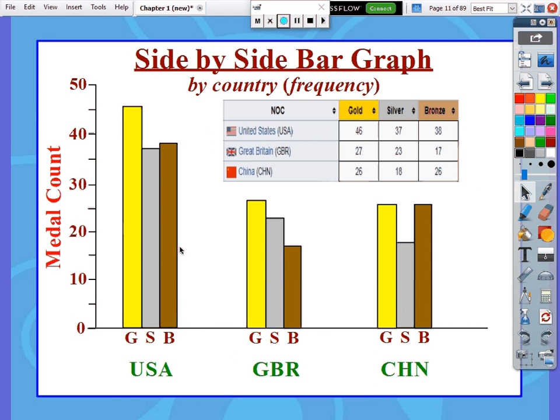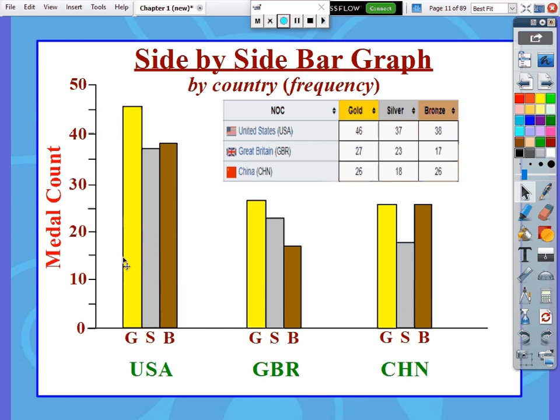And notice I color-coded this because I could. But again, if you didn't have these color-coded, you could simply do like what I have here and have G, S, and B for gold, silver, bronze. Or you could use some sort of striped lines or dots or whatever, just so that I would know which one was really gold and which one was silver and which one was bronze. Because I never want you guys to assume that it always goes gold, silver, bronze.